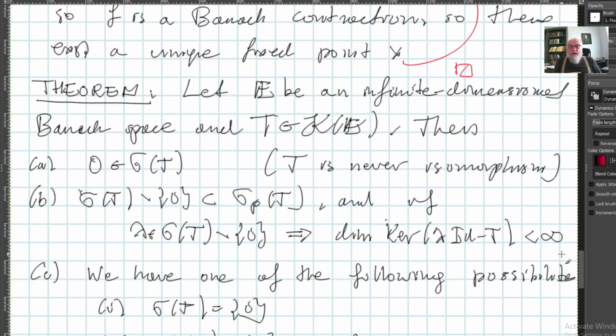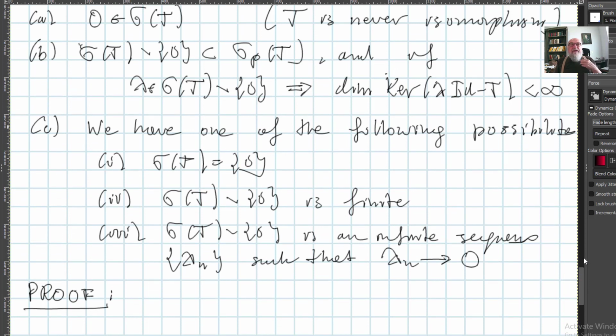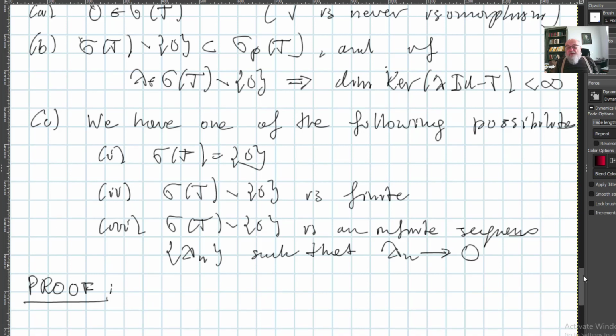If the space is infinite dimensional, then the image of the unit ball would be a neighborhood of 0. And since this is a neighborhood, it contains a ball, and the ball cannot be compact in infinite dimensional spaces. So this is a contradiction, because T of B is relatively compact.